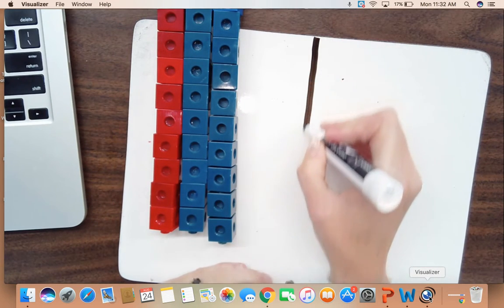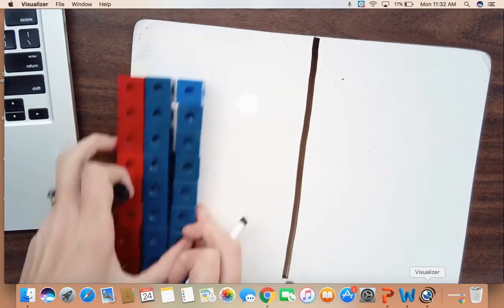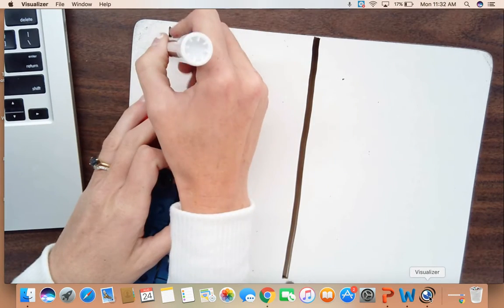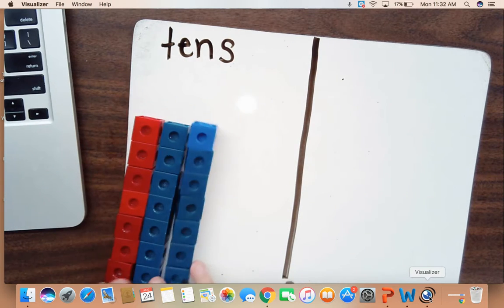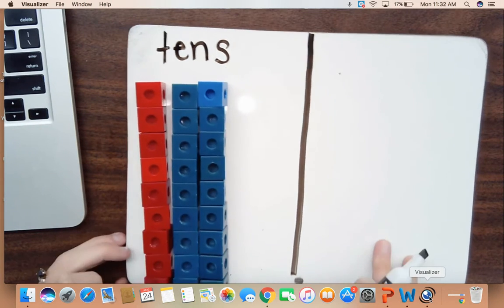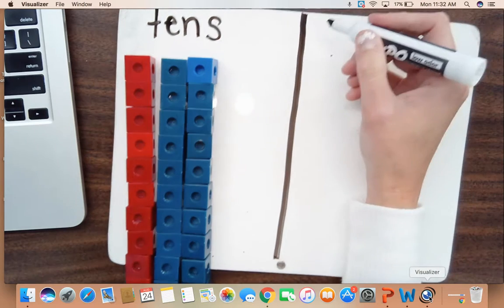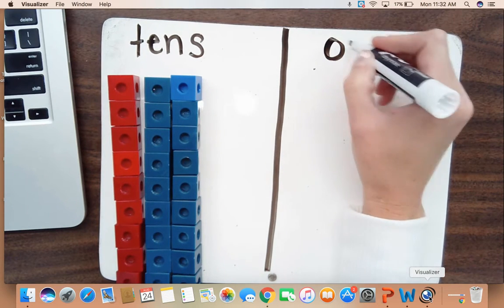Now in our city, you can only build towers on the first side. We call that tens. That's where the towers are, where 10 families can live together in one tower. The other side of the city is for our ones.